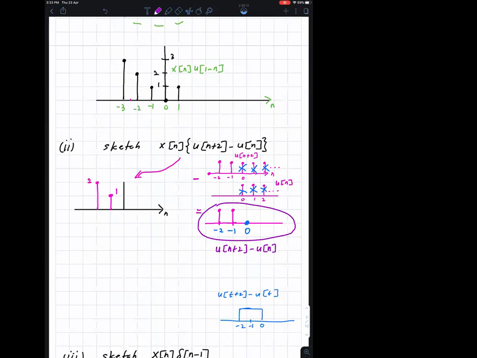Then I was saying next, since signals that you multiply by xn, so the signal that you multiply by xn is xn u n plus 2.